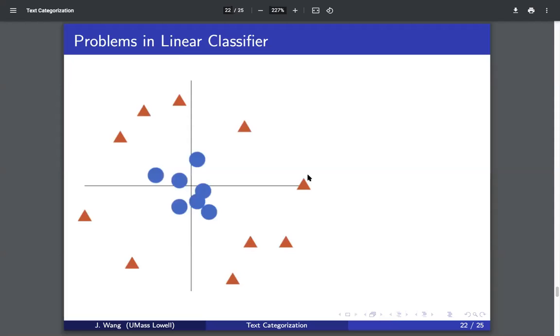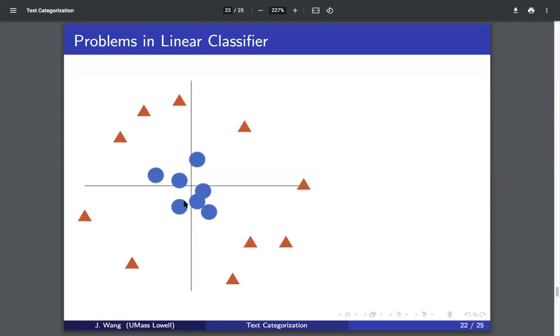Okay, so this is an example. Suppose according to the features of each data point, the red triangles belong to the same cluster, positive, and the blue circles belong to the negative. That is another cluster.